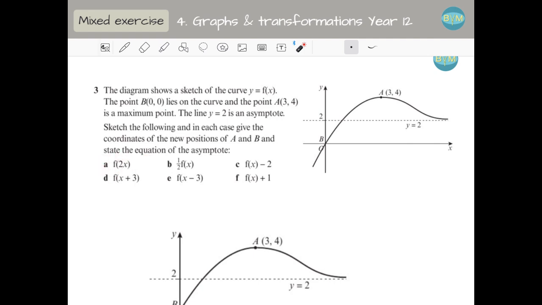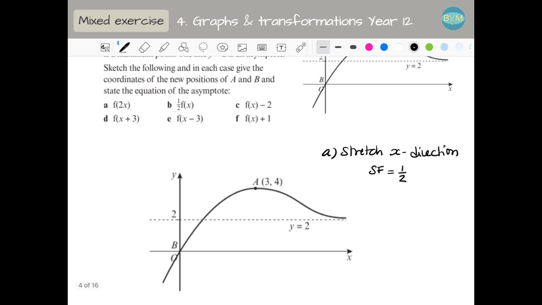So the first one, when I multiply the x by 2, is a stretch. Every time I multiply is a stretch. It's in the x direction because I'm multiplying the x, and the scale factor is the reciprocal, so it's going to be 1/2, which means the x's are going to be divided by 2.